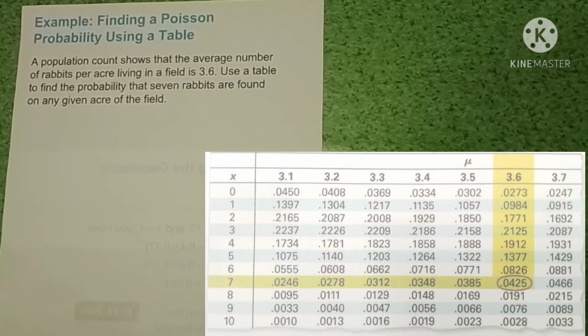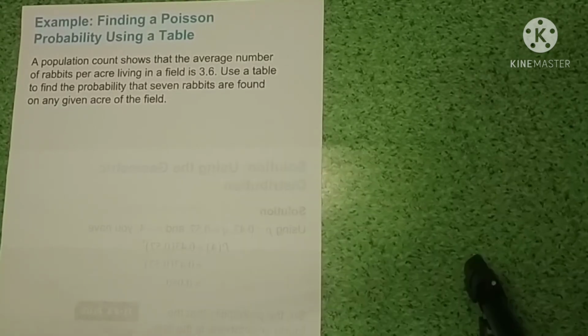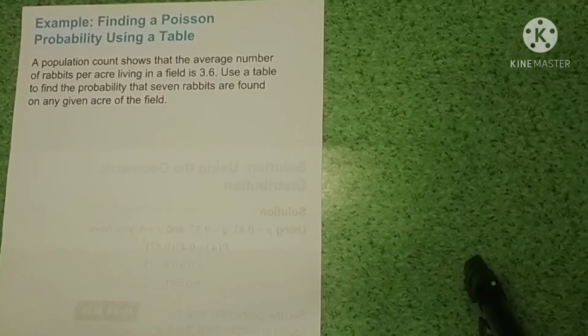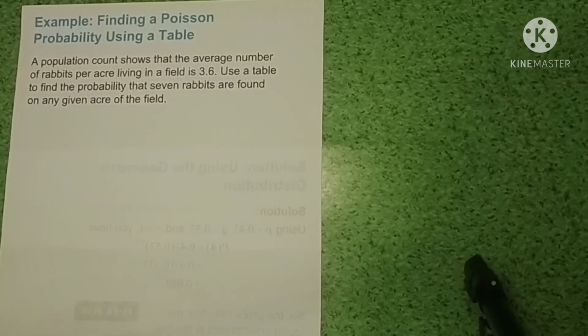Using the distribution for mu equal to 3.6 and x equal to 7, you can find the Poisson probability as shown by the highlighted areas in the table, which is 0.0425.